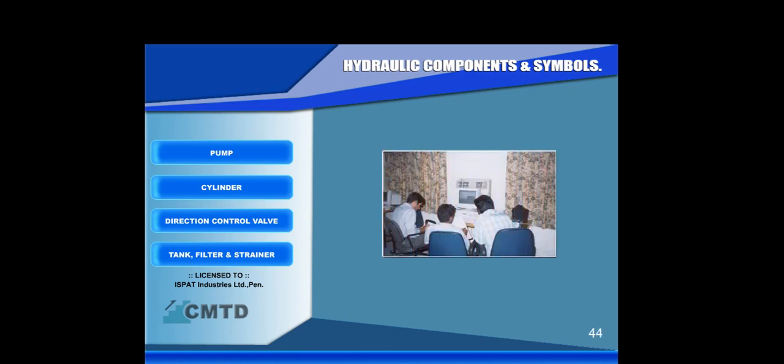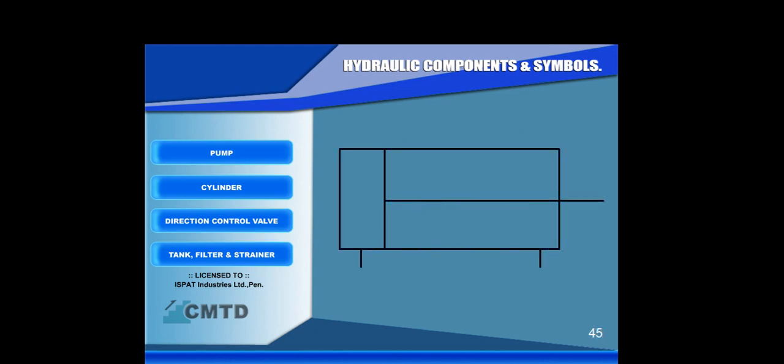Now let us learn about cylinder. This is the symbol of a cylinder. This is the body of the cylinder. This is the piston of the cylinder. This is the piston rod.